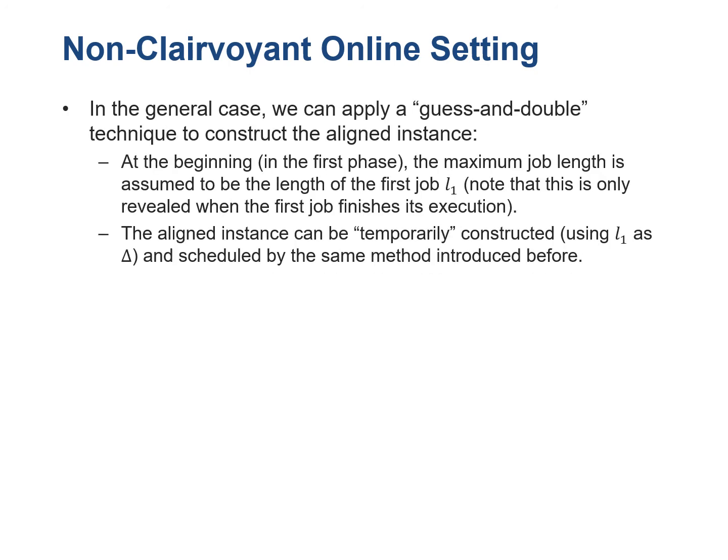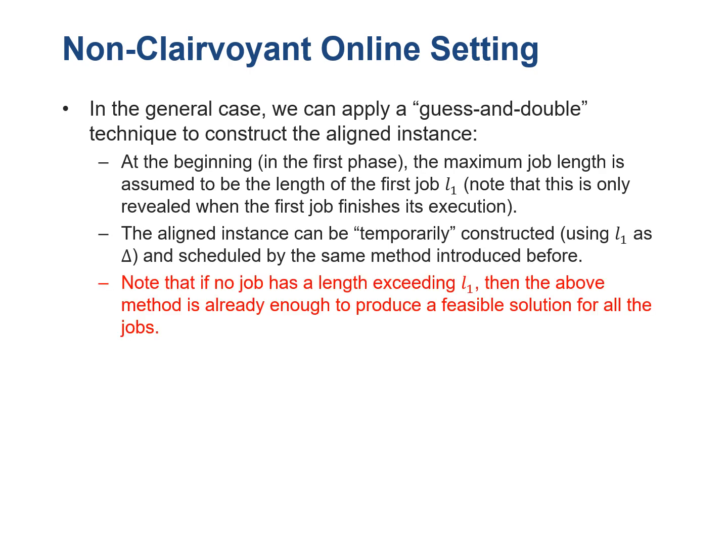Well, in the general case, we cannot expect that the maximum job length is known a priori, but we can take a guess on this maximum job length. That is, at the beginning, the maximum job length is assumed to be the length of the first job, and the aligned instance can be temporarily constructed and scheduled by the same method introduced before.